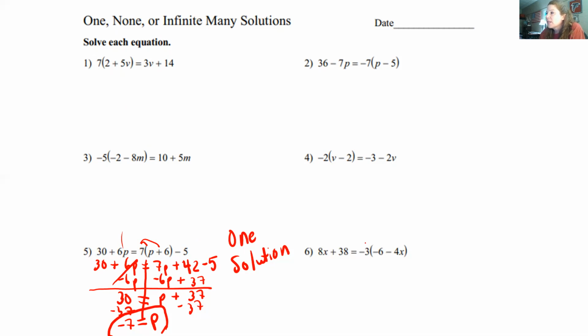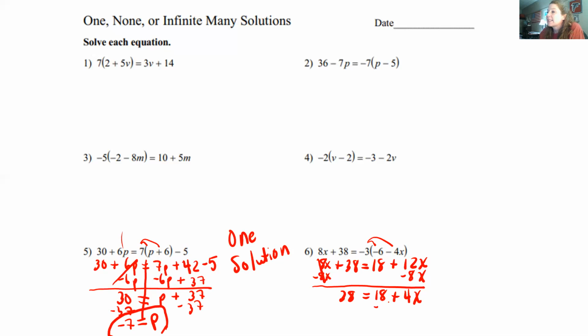Okay. All right, we're going to distribute. So I'm going to bring down 8x plus 38 equals positive 18 plus 12x. So I want to get rid of this 8x by subtracting 8x from both sides. So I have 38 equals 18 plus 4x.